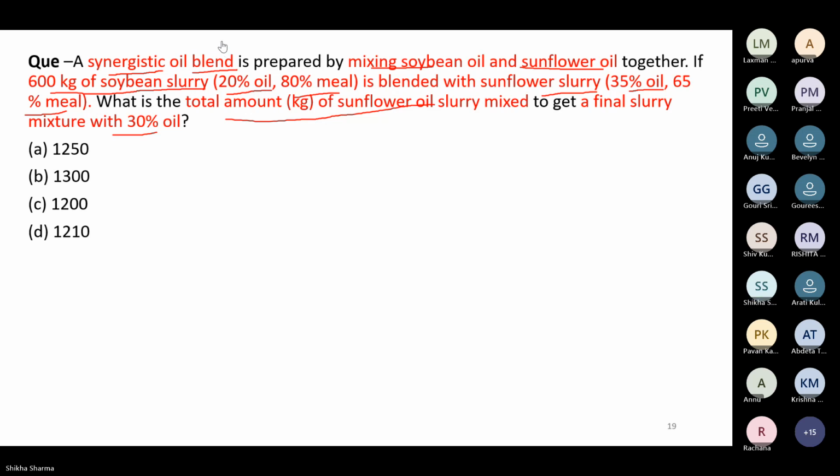So we are mixing two slurries, soybean slurry and sunflower slurry, and we are getting a blend of the oil. Please, can anyone tell which approach we should take here, how to solve?